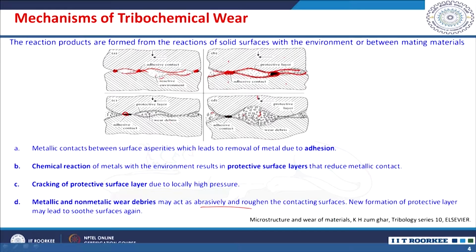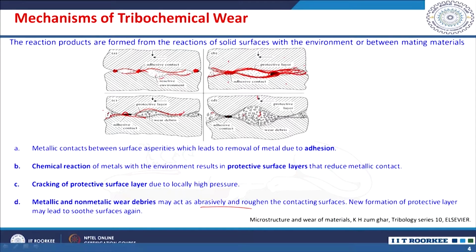The wear debris comes out, and then again contacts. It is a continuous process of first making an asperity contact giving rise to adhesion, and then, because of the reaction with the environment, the metallic surfaces will have protective layers.